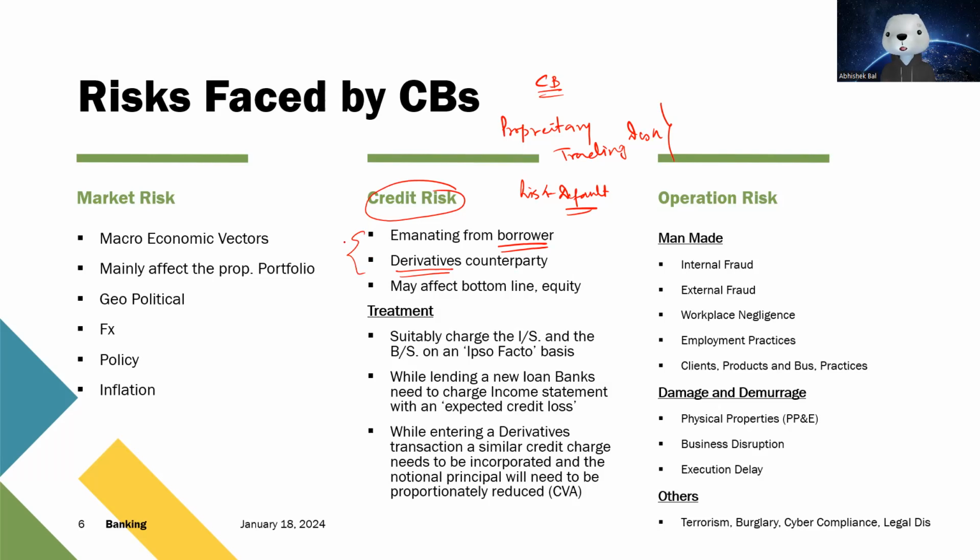Now, what are the mitigants against this kind of risk? Well, to start with, banks should be careful to understand whom they are actually dealing with. So, in principle, banks should not lend money to ineligible borrowers.